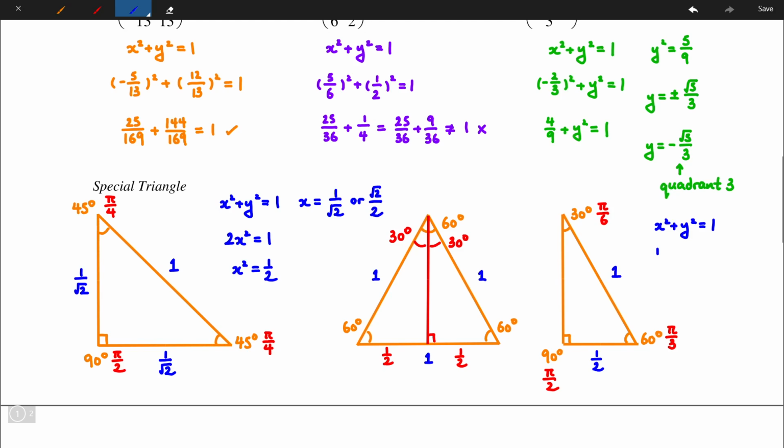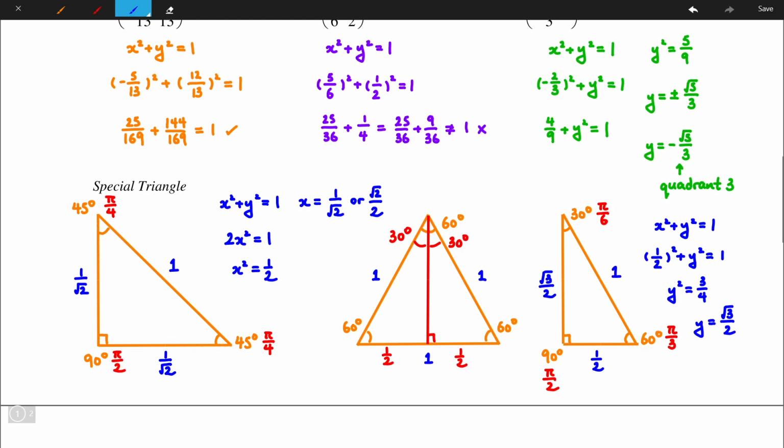So we know that we have 1/2 here squared plus y squared is equal to 1. So that means that y squared is going to be equal to 1 minus 1/2 squared, which is a quarter. So this will be 3/4. So y is going to be equal to the square root of 3 over 2. So that's going to be on this side here.